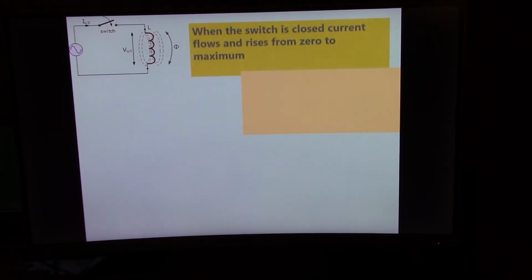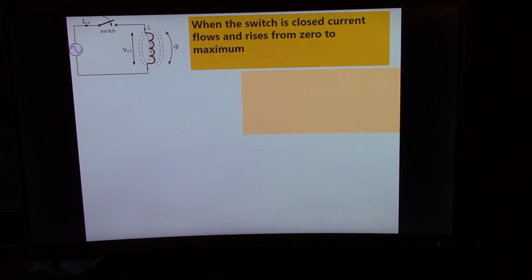And this is the magnetic field. So when the switch is closed, you have a current flow that will increase from 0 to the maximum current. So when you have that increase in the current, you will have this magnetic field being developed out like this.